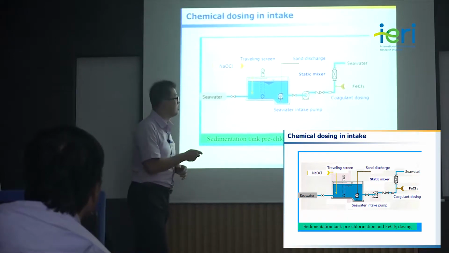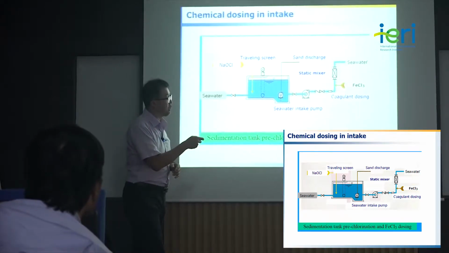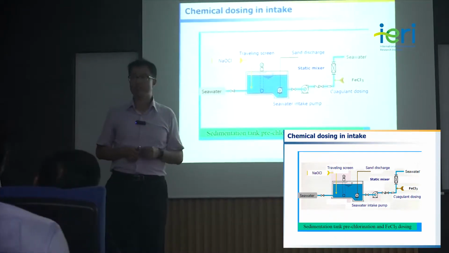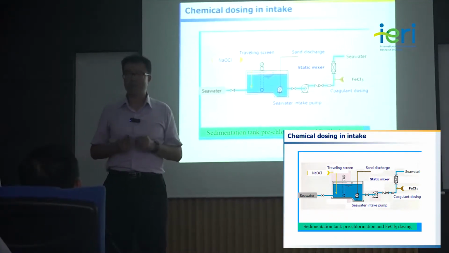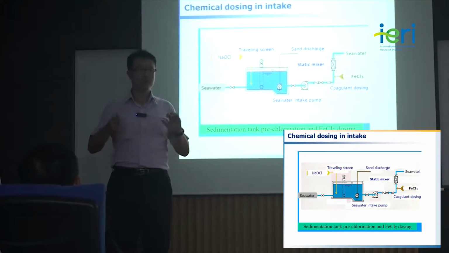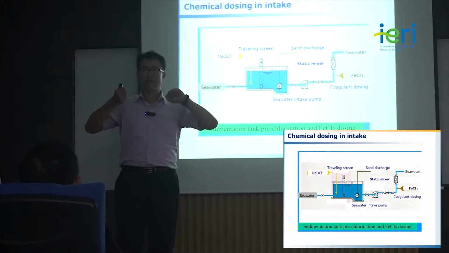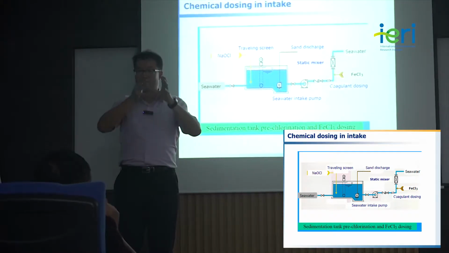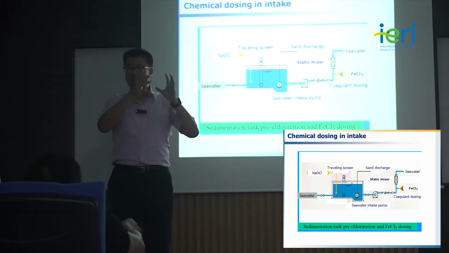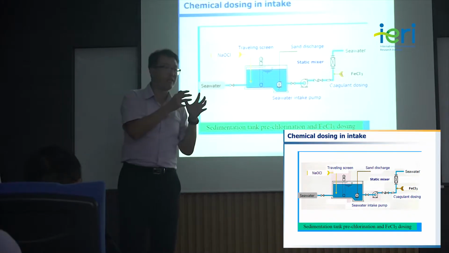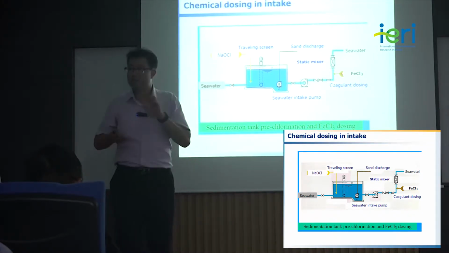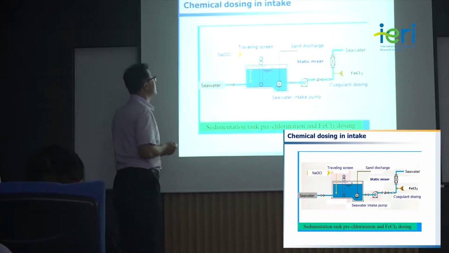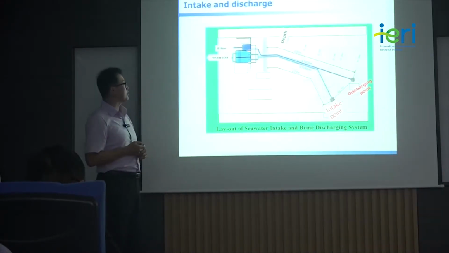And sometimes you may want to add ferric chloride. This is used as a coagulant to make the particle flocs bigger, so bigger particles can be easily filtered by the pre-treatment media filter. So this is the intake step.